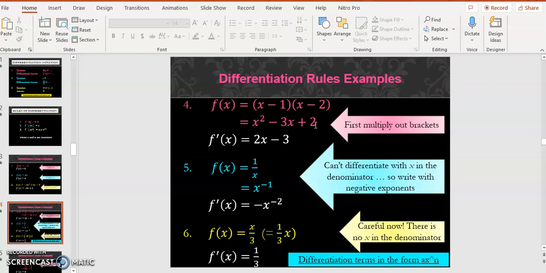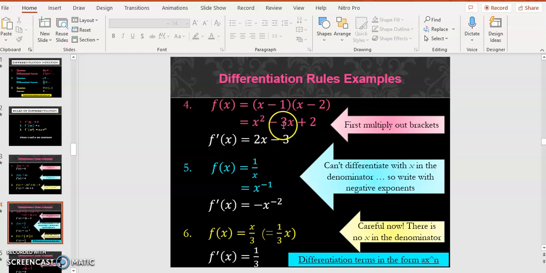Now we want to differentiate. If you are having problem expanding this, inbox me. Now to differentiate this one, these two will multiply 1 here, so you have 2x. 2 minus 1 will give you 1, so x to the power 1, which is the same as x.